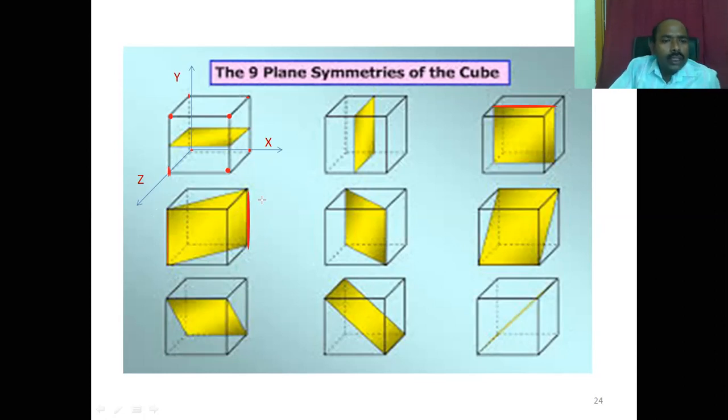We know there are 12 edges for a cube. Therefore, six such planes exist. So in total, we have 9 planes of symmetry in a cube.